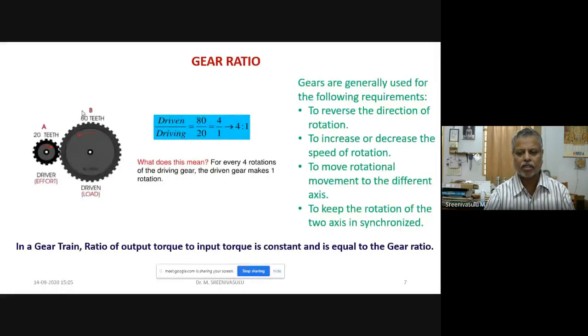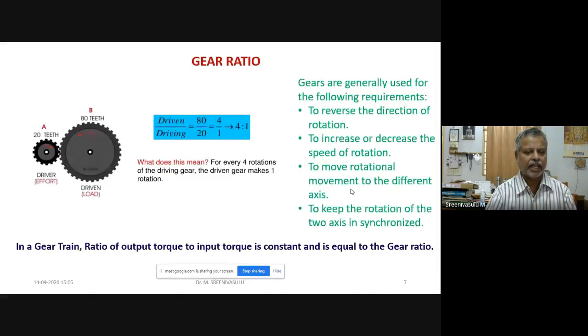Altogether, the basic need for going for gear ratio or bringing contact between two gears is this. You might be aiming at reversing the gear direction, and you might be bothered about either increasing or decreasing the speed of rotation, and you might even be transferring the movement from one axis to the other axis. Even that can be understood from here.